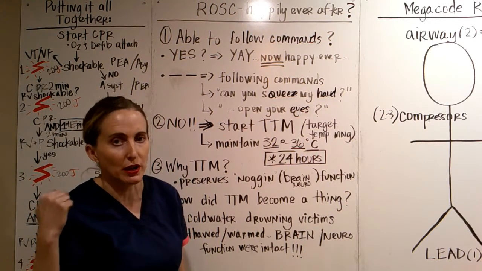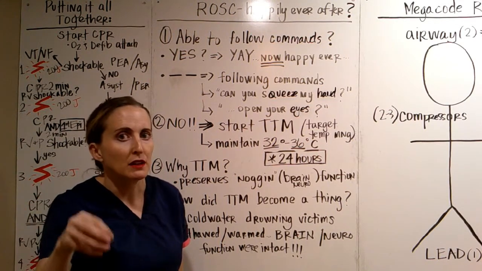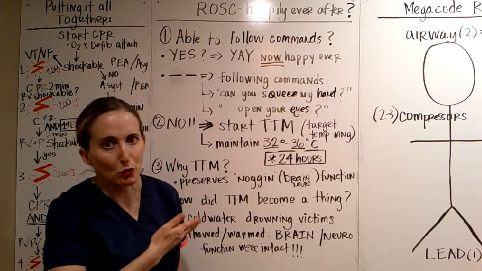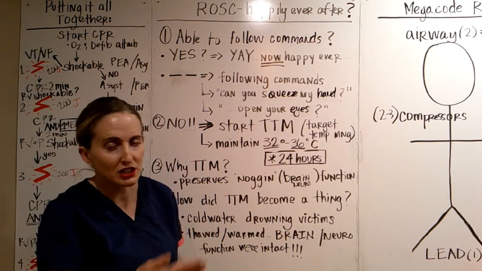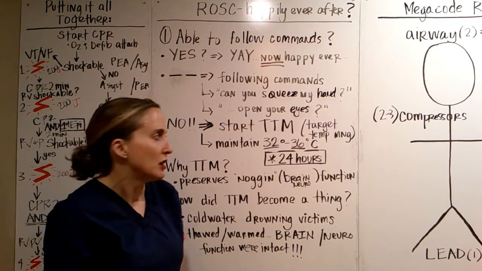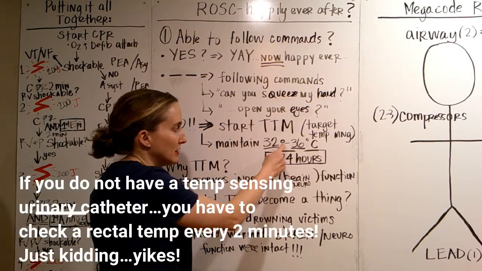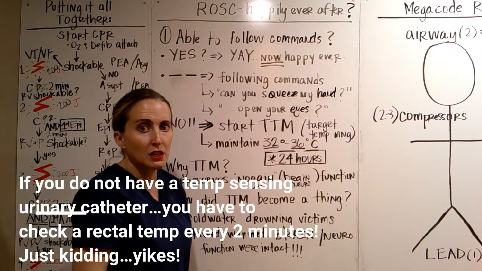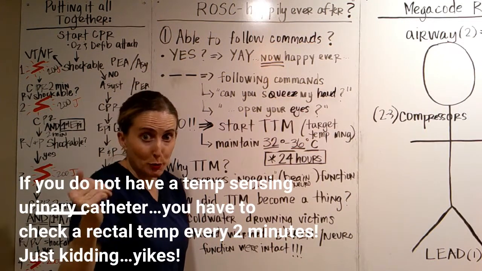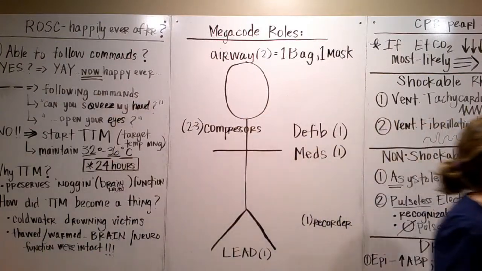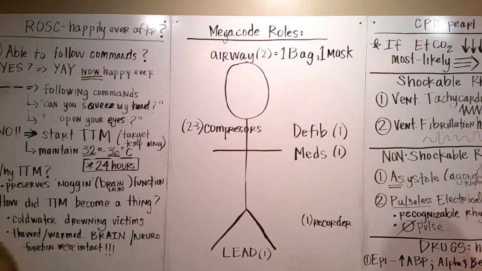So you can hook it directly to your monitor from the Foley catheter itself, and get a continuous central reading of your patient's temperature. That's really helpful because as you're cooling them, you set your cooling blanket or cooling fluids to, say, 33 degrees, and then you watch your patient based on the monitor, right?